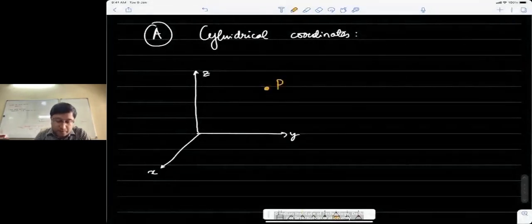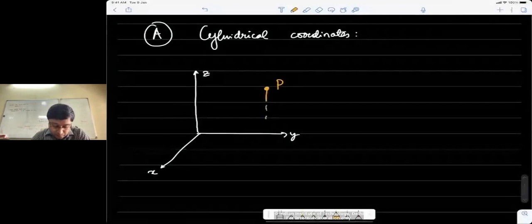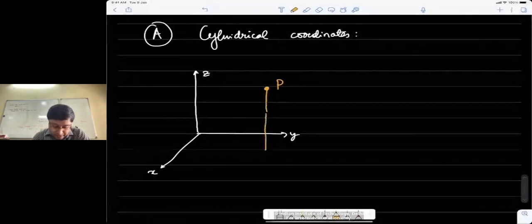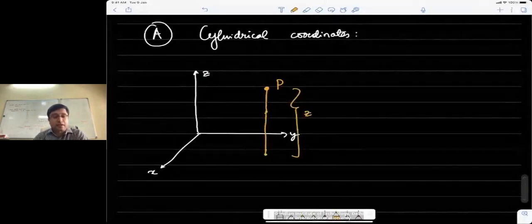So we are going to write point P in terms of new coordinates, and the new coordinates go as follows. If you drop a perpendicular from the point P on the xy plane, then the distance to where it intersects will of course be the z coordinate or the height.